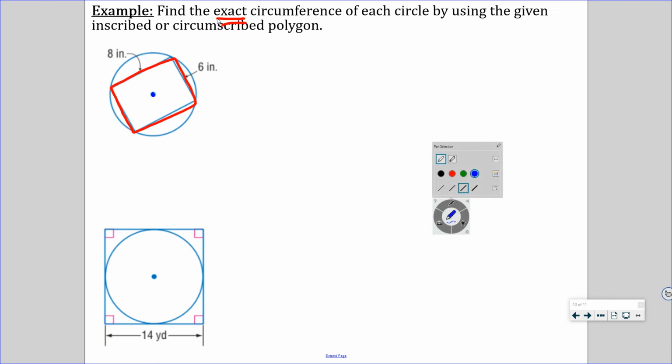So they want me to find the circumference of this blue circle. I don't know the radius and I don't know the diameter. All I know is that rectangle's side lengths, 8 by 16.